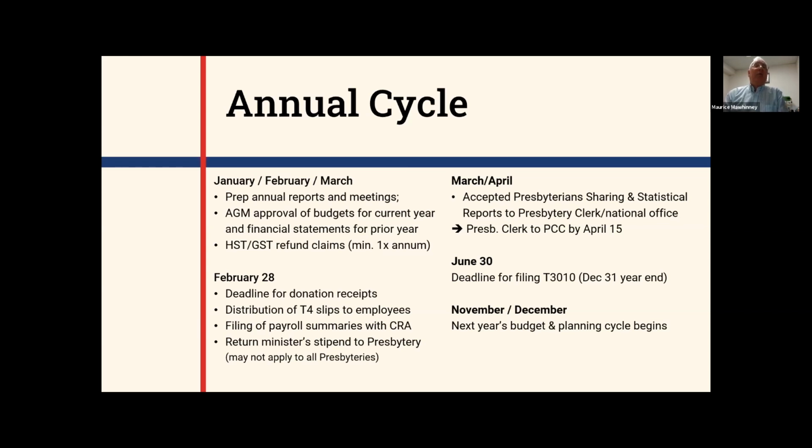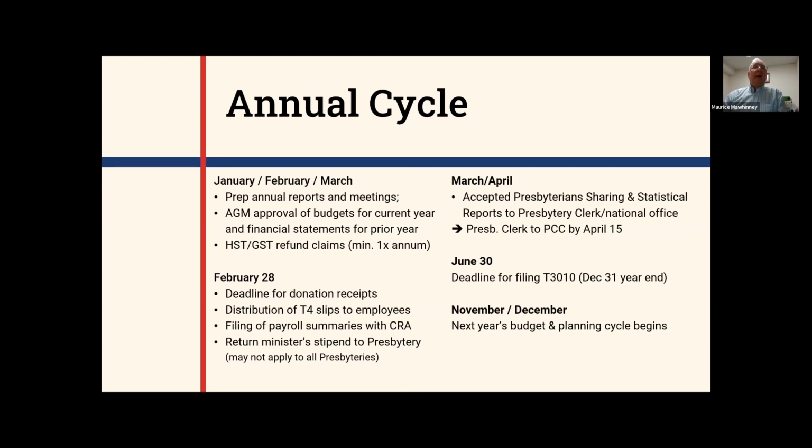In March and April, in fact, I had one congregation that sent me a message yesterday saying that they have accepted their allocation for 2022 already. So I'm just waiting to be able to file that on the website so that we can go forward with that one. Within our presbytery, I generally collect the information and then put it all onto the website for them.